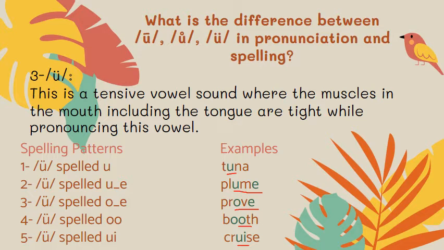The fourth spelling pattern is when I have double O, booth. And the last spelling pattern, which is UI, as in cruise. So I have three different pronunciations with different spelling patterns for the U vowel sound.